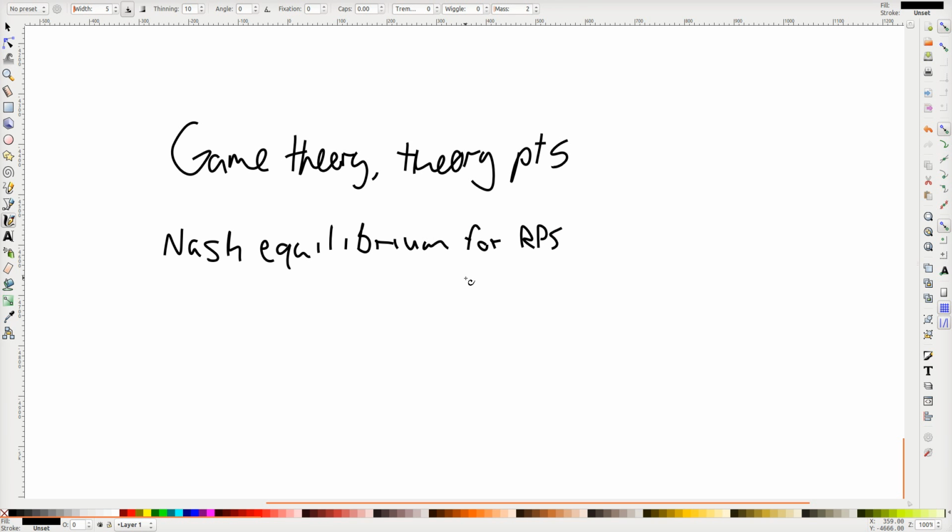The way we're going to do this is we're going to guess the right answer, and then we're going to show that our guess is actually the right answer. So our guess is that our Nash equilibrium is 1/3, 1/3, 1/3.